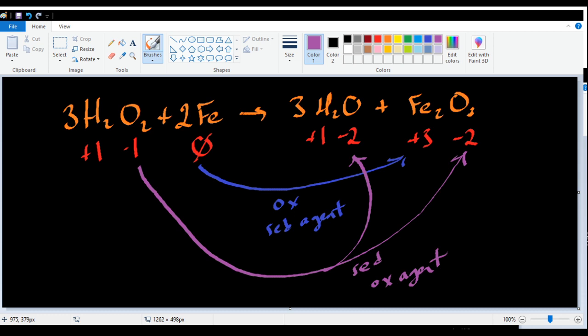All right. Don't be confused by the fact that oxygen went from being in one place to being in two places. That doesn't matter excessively much. The important thing here is the change in oxidation number.